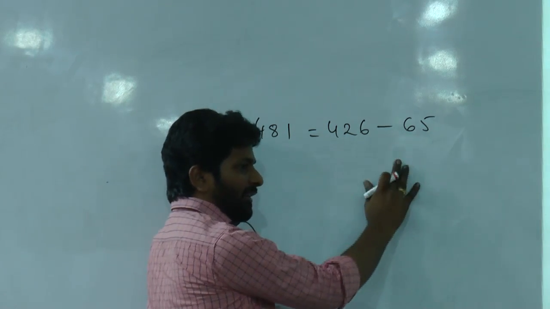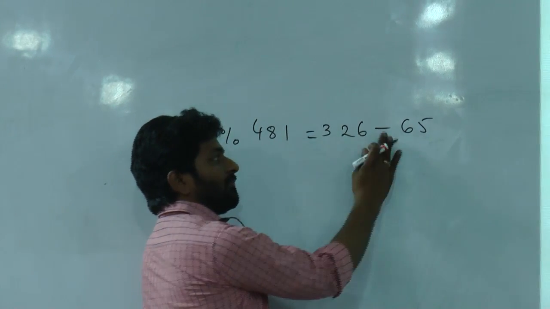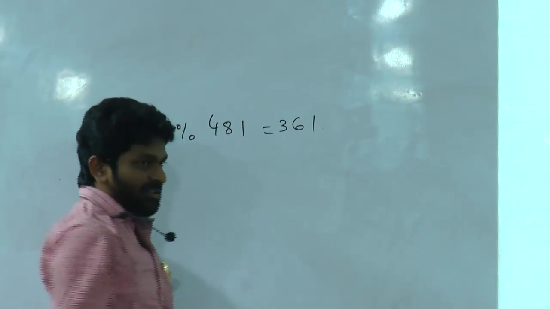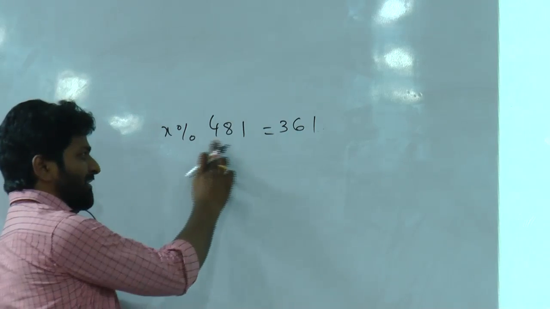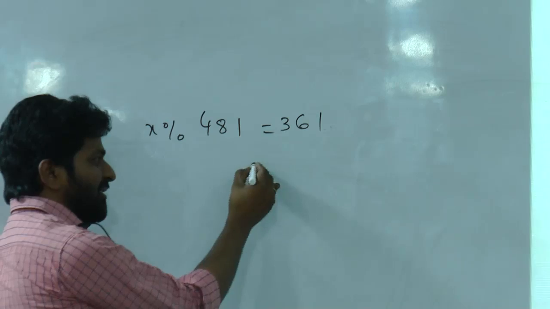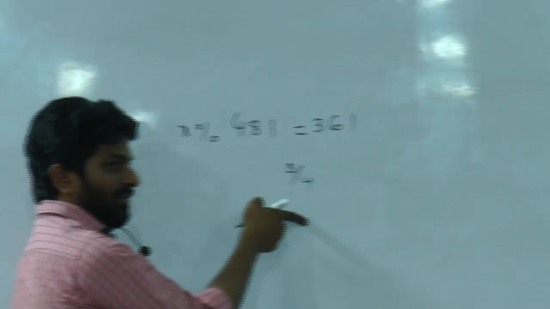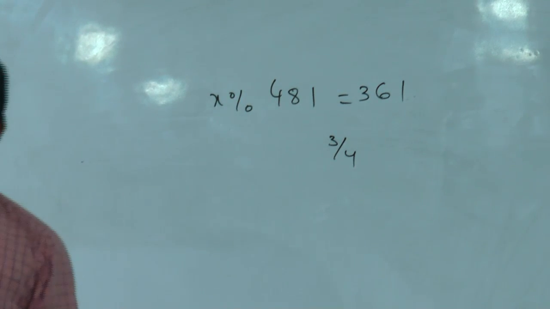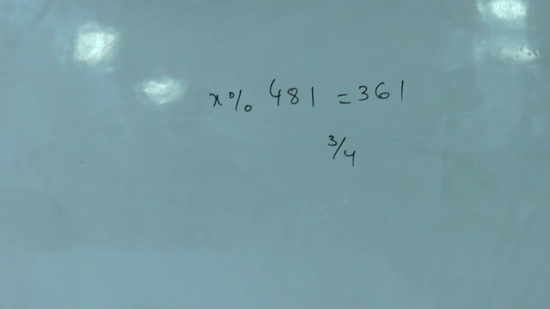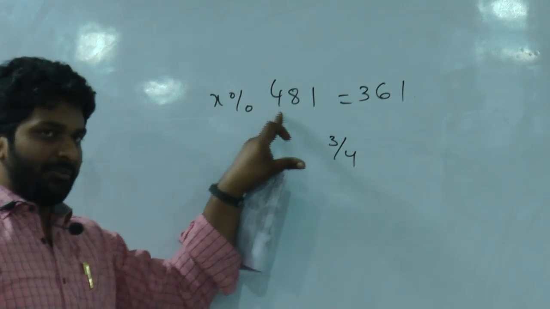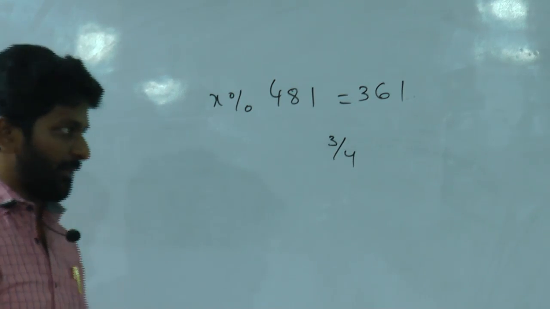Subtract 100, add 35. 61. Wait a minute. Can I treat this number as 480? Can I treat this number as 360? 360 is 3/4 of this number, right? Yes or no? 3/4 in the sense what percent? 75%. See, this is 124 times and this is 123 times. 360 is 3/4 of this number. 3/4 is 75%. Enough.